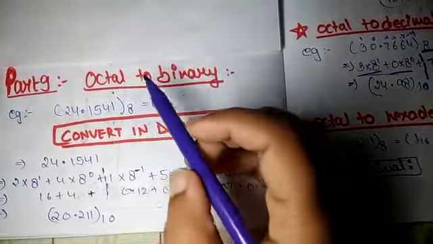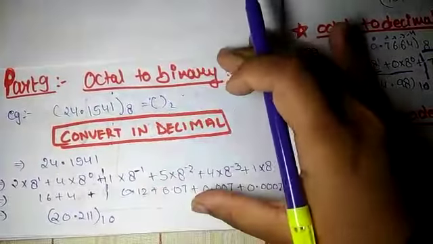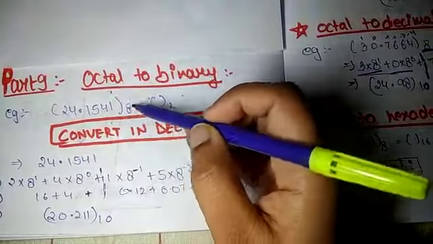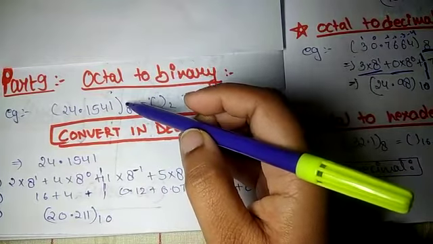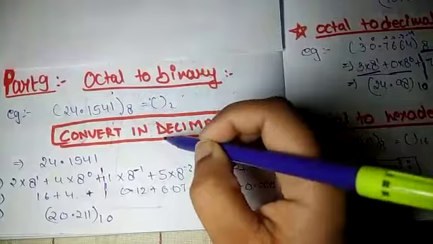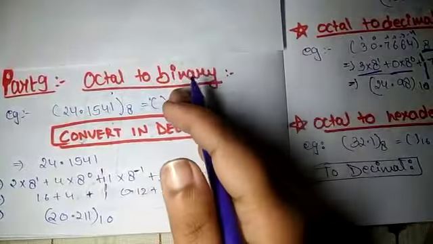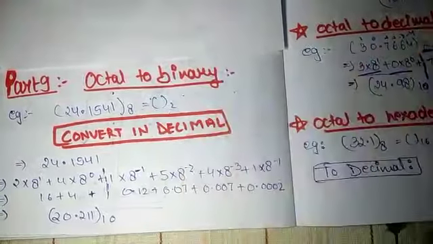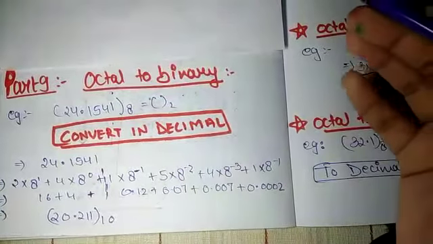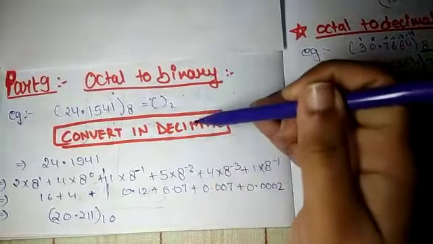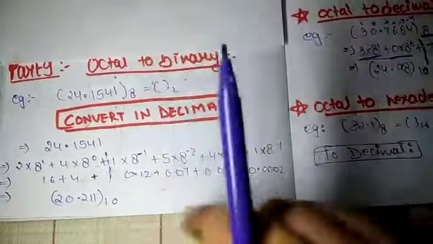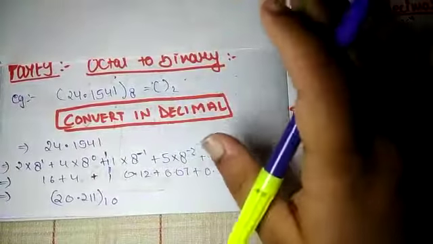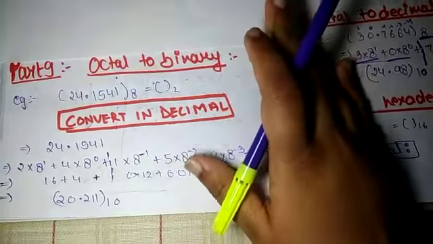This part is very important for understanding: we convert this octal value to a decimal value, because we know the decimal to binary conversion, which is a simple method as well, and we have understood the octal to decimal conversion. So we do the octal to decimal conversion first, and then we convert this decimal value to binary, and then we get the answer, right?